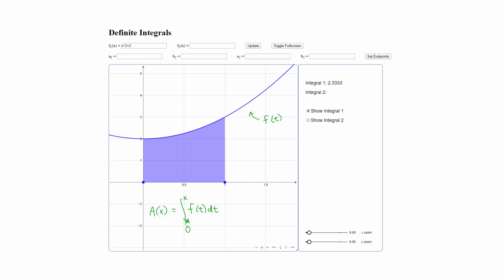So A of 1 is the total area under this curve up to 1. A of 1.5 is the total area under the curve from 0 to 1.5. A of 0.75 is the total area under the curve from 0 to 0.75. So it's the total area from some specific starting point to any particular ending point under a function.